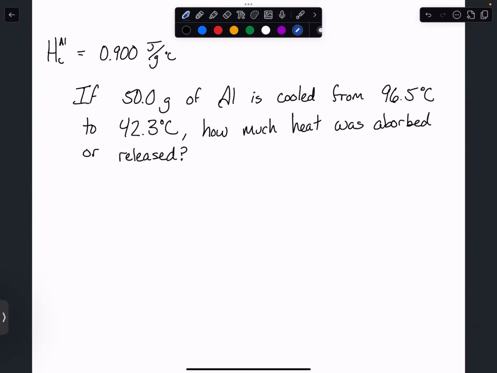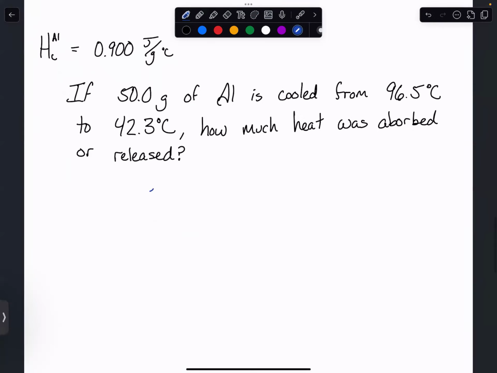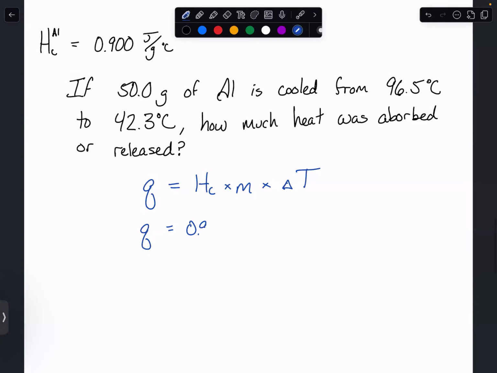All right, so we got our equation. Q equals HC M delta T. We're going to plug in here our 0.900 joules per gram degree Celsius. Our mass here is 50 grams.